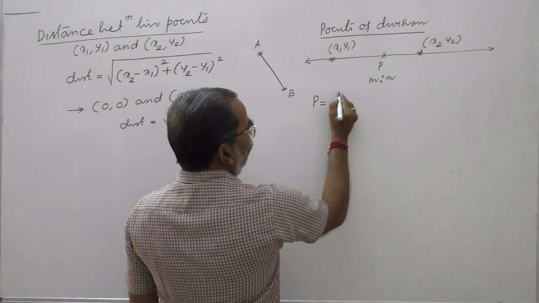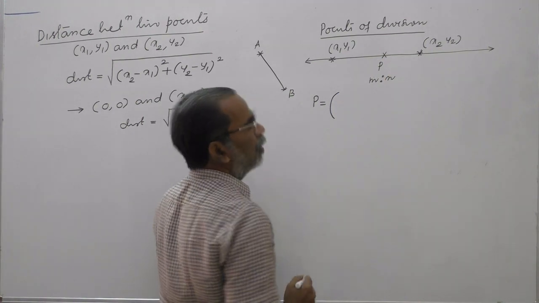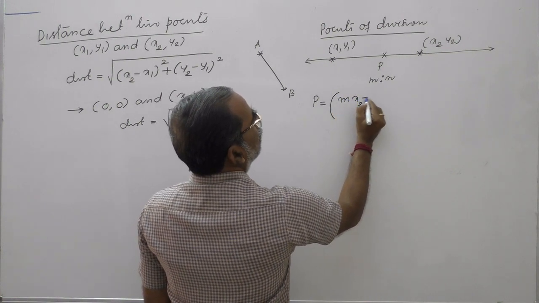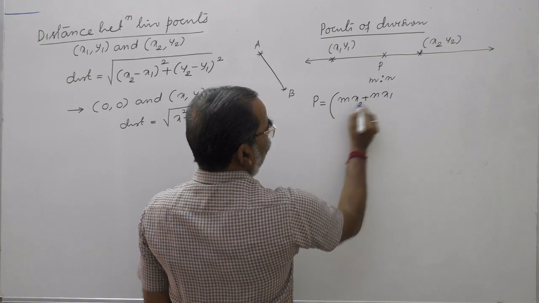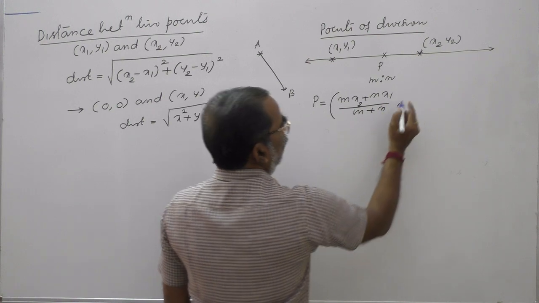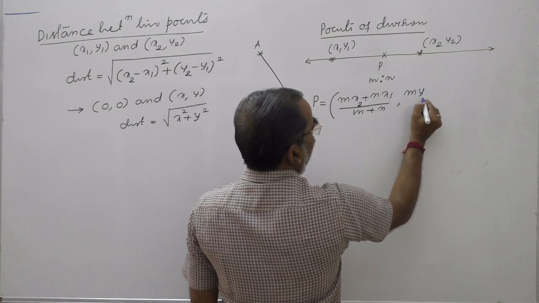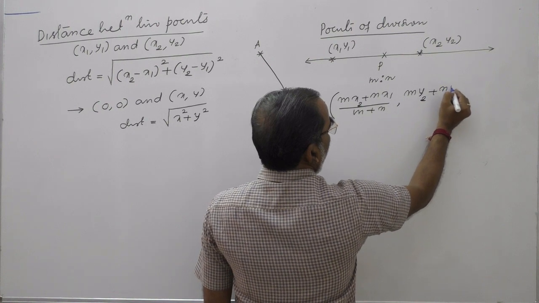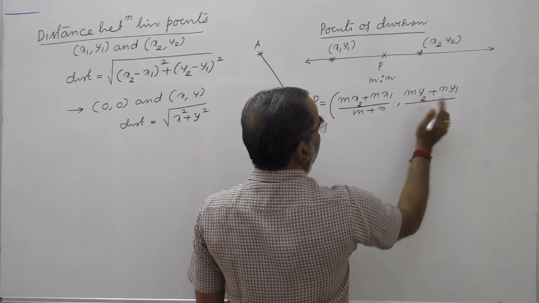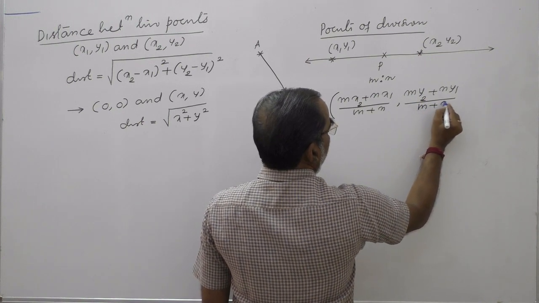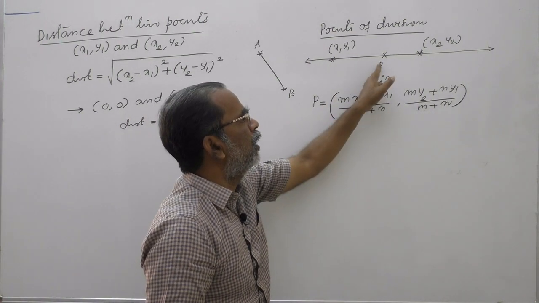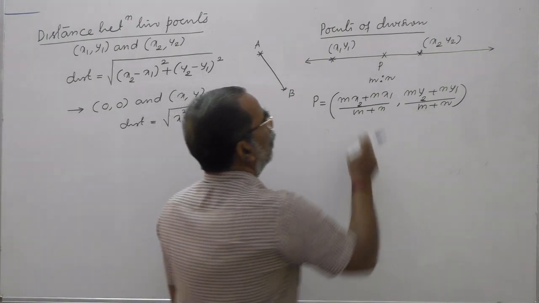To calculate this point of division, it is (mx2 plus nx1) divided by (m plus n). Similarly, the y coordinate is (my2 plus ny1) divided by (m plus n). This is the internal point of division. When the point is dividing internally, this is the formula.